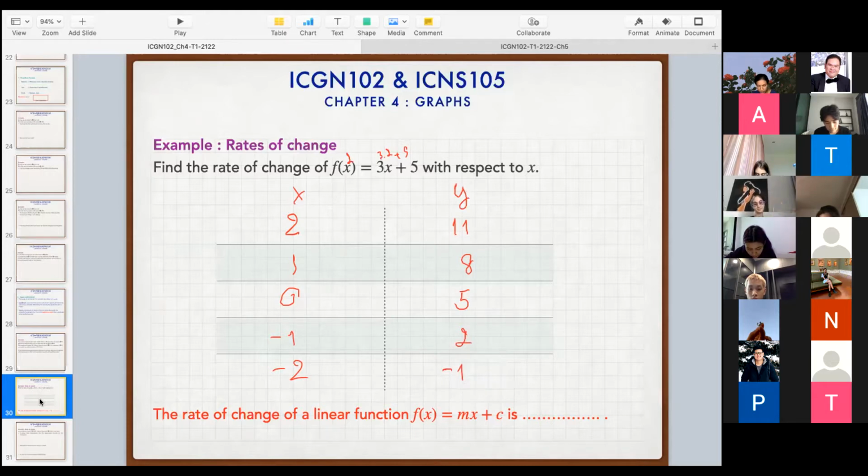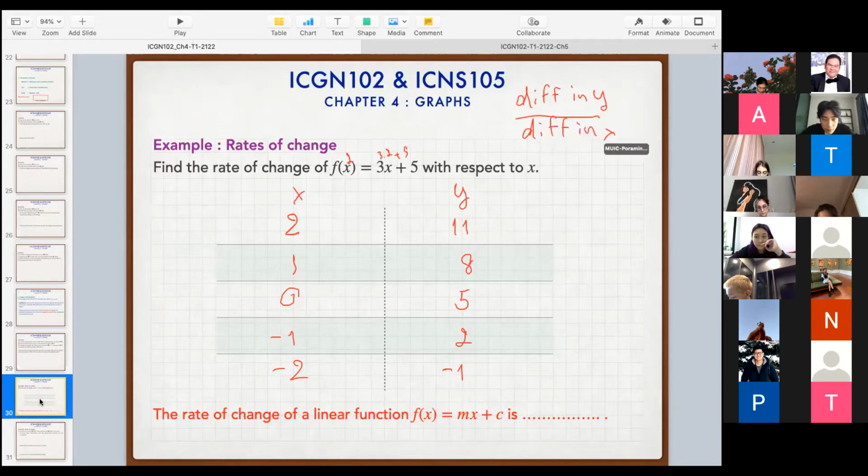So in this one, if you want to see the difference of these values, the rate of change of a linear function f(x) equals mx plus c, we try to find the difference in y over the difference in x.